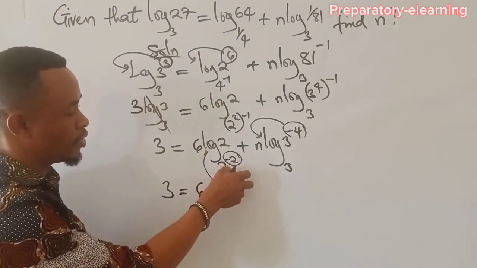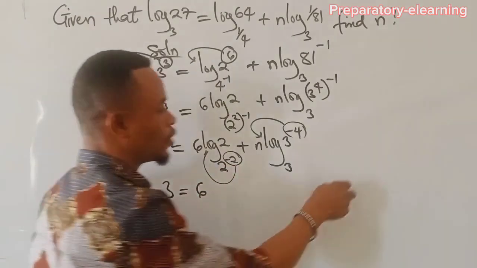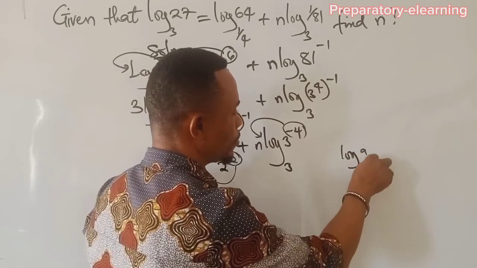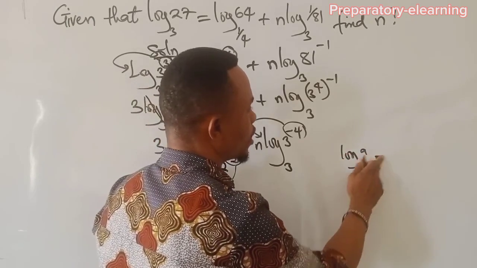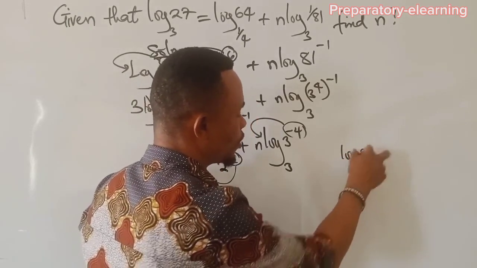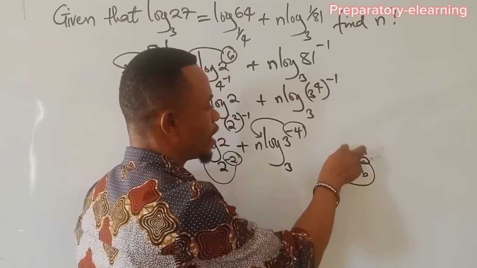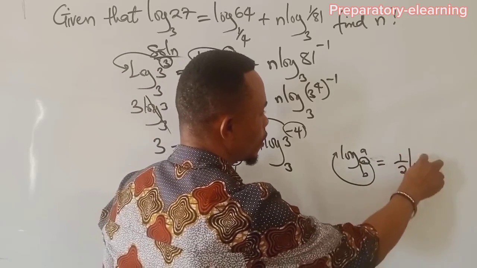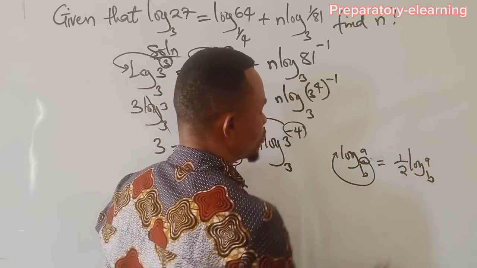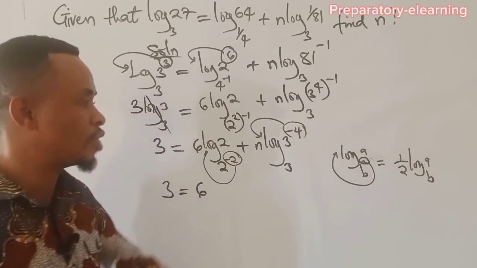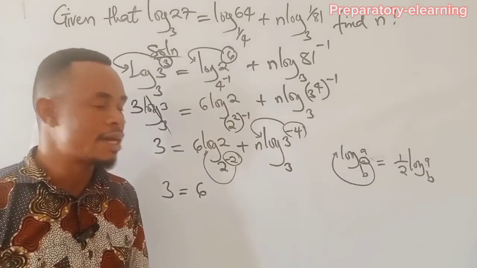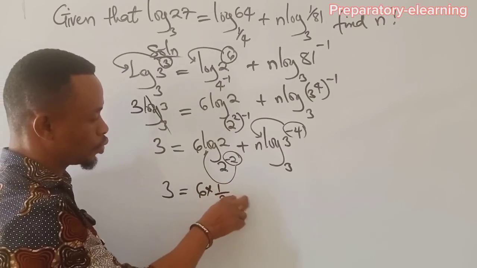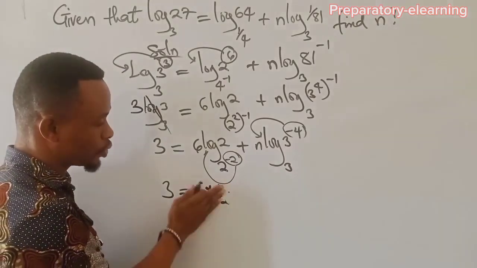This one is coming. Remember, recall the law that says, if you have log a base b power 2, to remove this power 2 to come behind the log, it is coming as inverse, 1 over 2 log a base b. So that is one of the laws of logarithm that we have treated, to be 6 times 1 over 2, but minus 1 over 2.